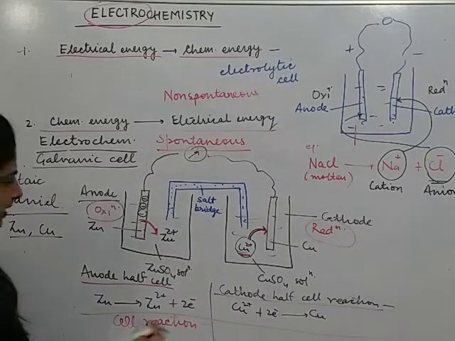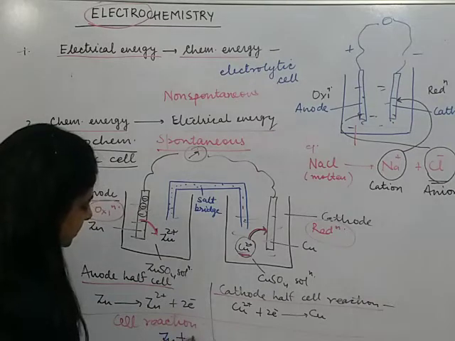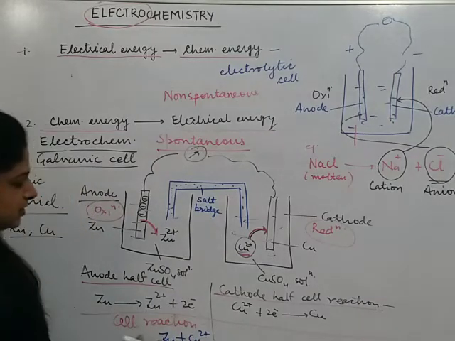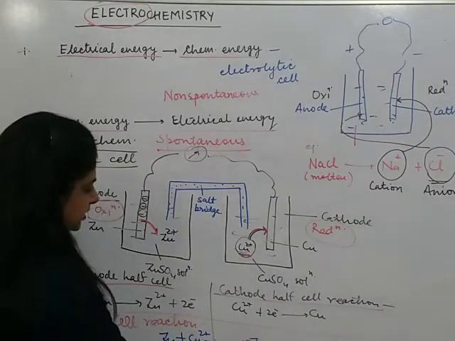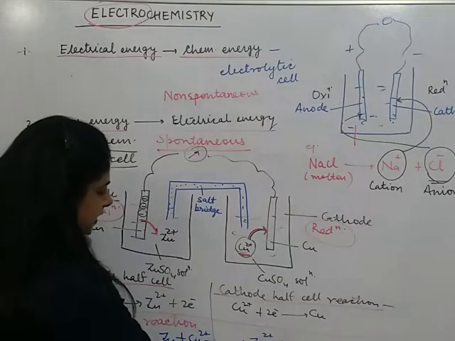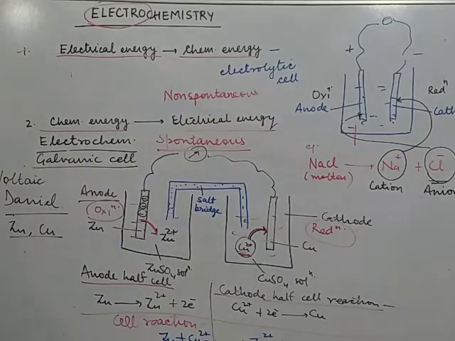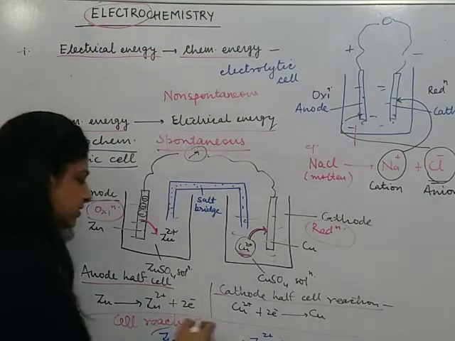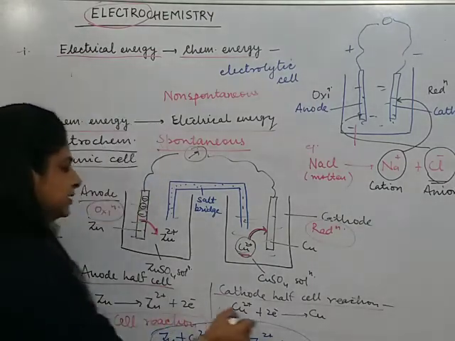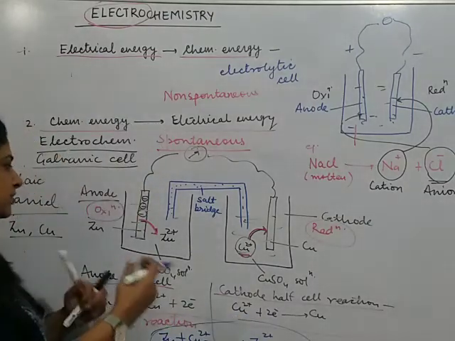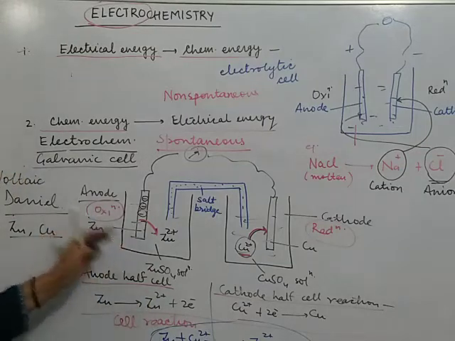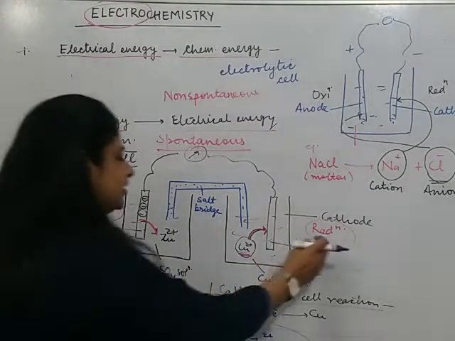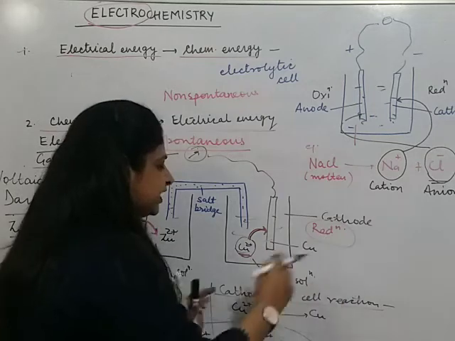And how do we combine it? Zinc plus copper ions are getting converted to zinc ion and copper. In this redox you can see they are taking place simultaneously. The oxidation is taking place in anode half cell while the reduction is taking place in cathode half cell.